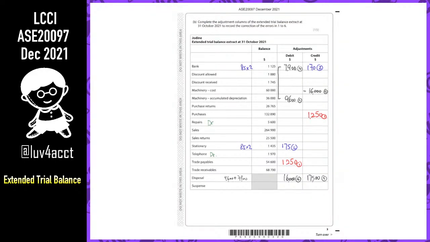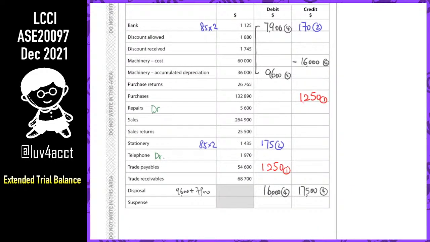It should be telephone 490, so I just put it there. 490, this is item 5. But then we put it into repairs 940, so we have to take it out. We have debited repairs account 940, so we take it out by crediting.